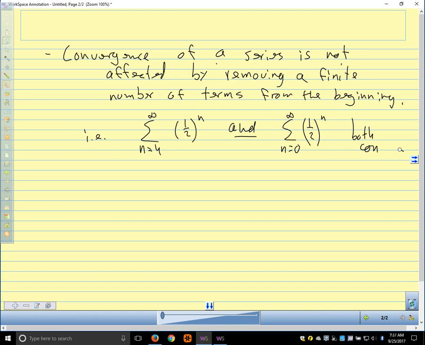Not only do they both converge, but we can find the first sum by finding the sum of the infinite series and then subtracting off the sum of the first 4 terms. So we can delete a finite number of terms from the beginning of the series; the convergence or divergence isn't affected.